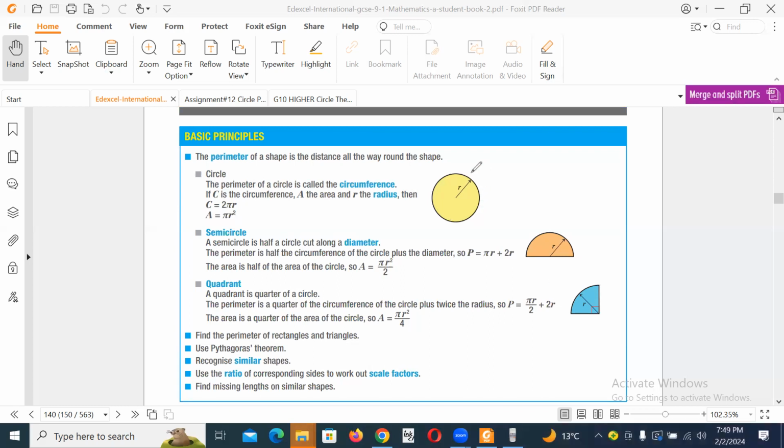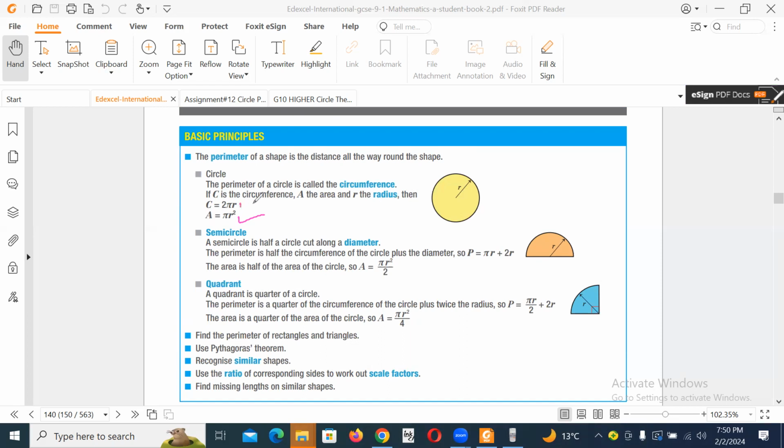So, as we all know, a circle is defined as a set of points which are equidistant from a fixed point. We use the formula for the area of a circle: A equals pi r squared. Circumference is the total outer length of a circle, which is called the perimeter as well.